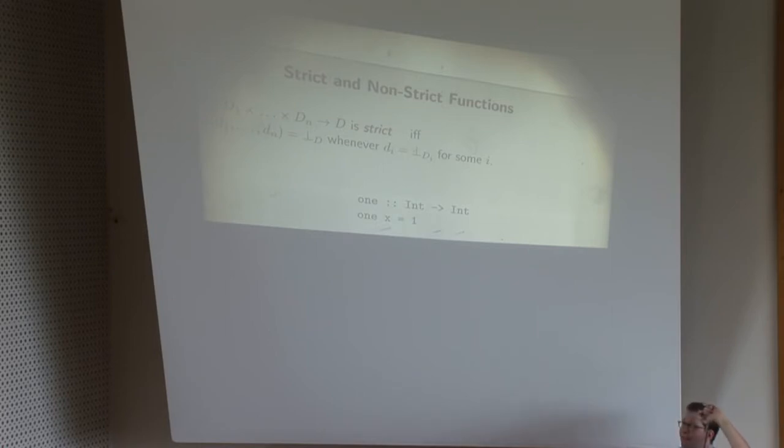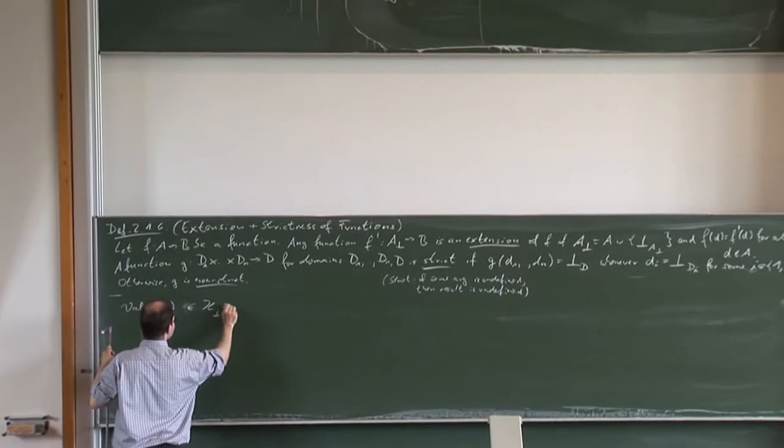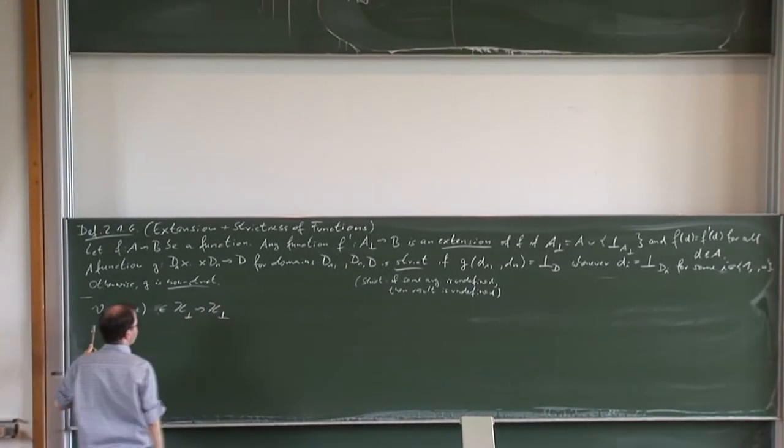So the question is now, what should the semantics of this program be? So we will map this Haskell expression 1 to some object. So the value of 1 will be some object which is a function from Z bottom to Z bottom.